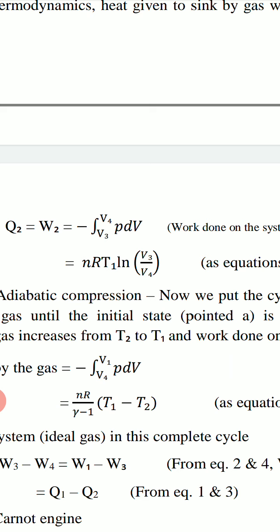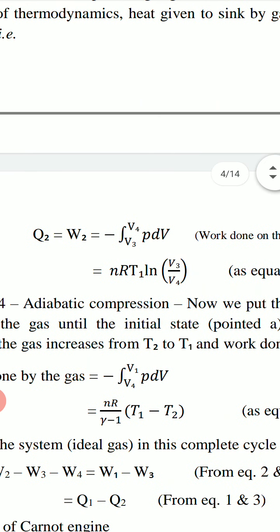And here it is not T1, it is T2. Now the temperature is T2. So the work done is W3, and it is equal to nRT2 log V3 upon V4.